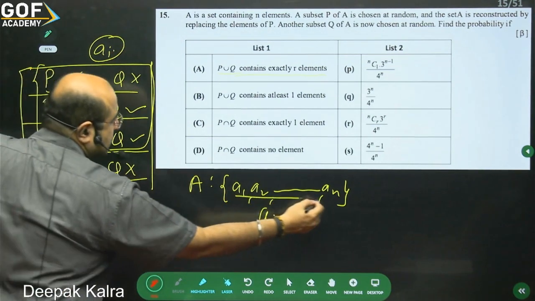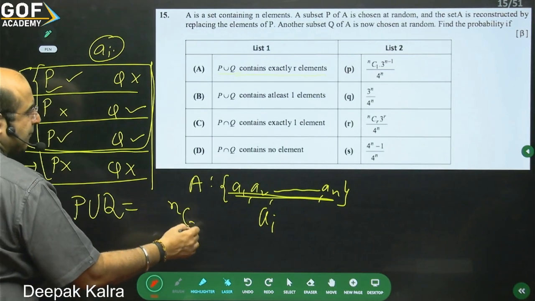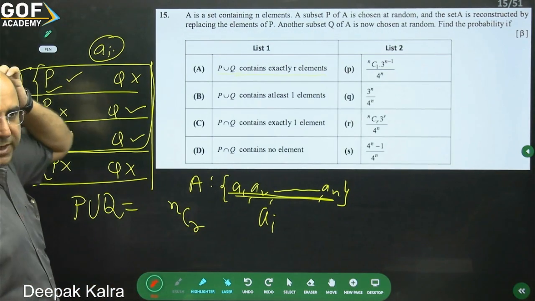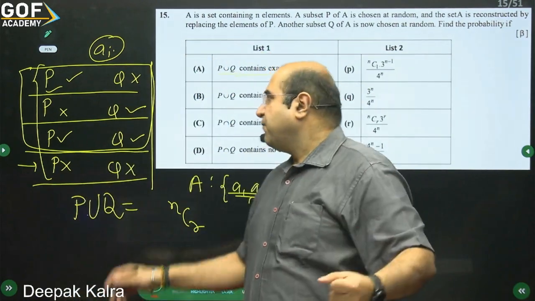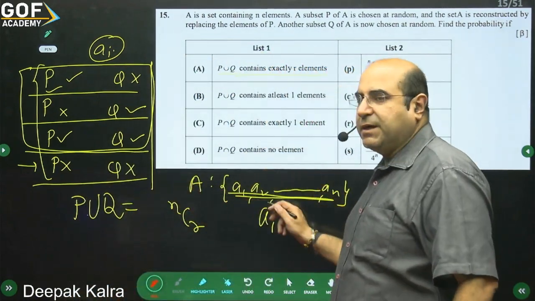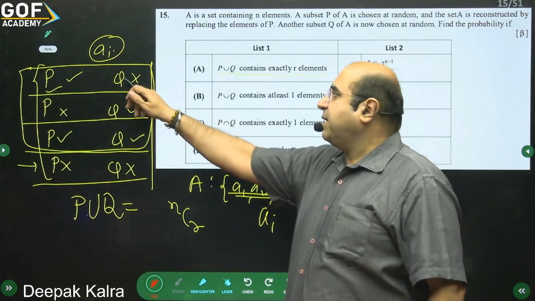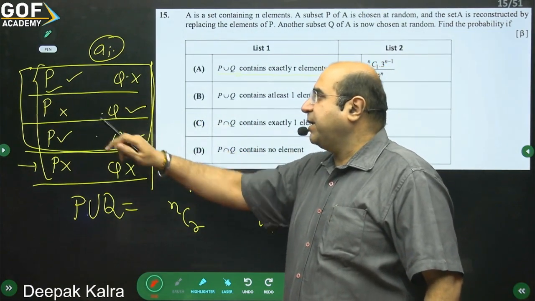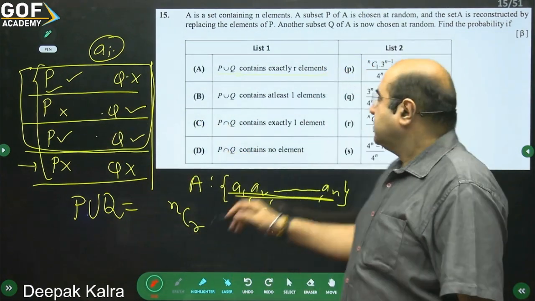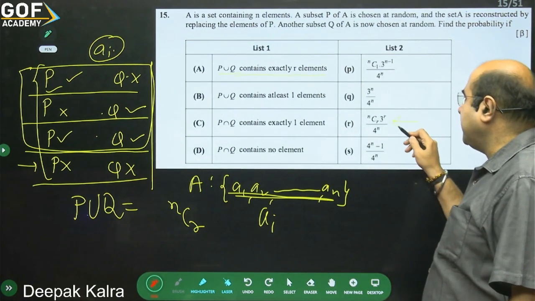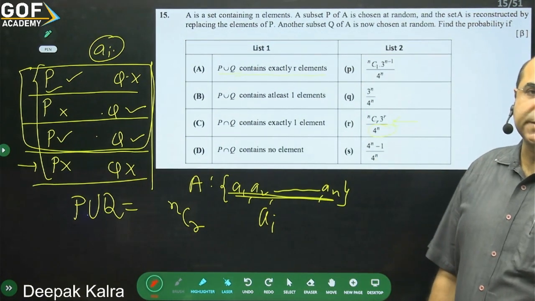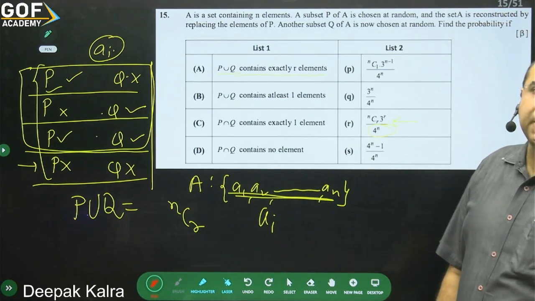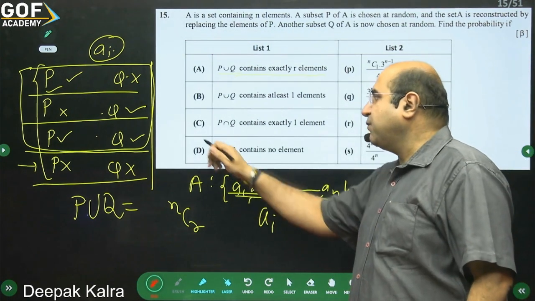The r elements to be taken from n is nCr ways. Okay? nCr ways, selecting r elements from the given n elements. Each of those elements should be either here or here or here, so 3 power r is the support for that. 4 power n is the total sample space, since every element has 4 possibilities, na?